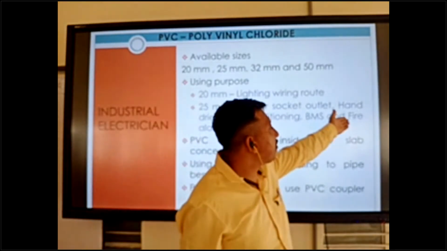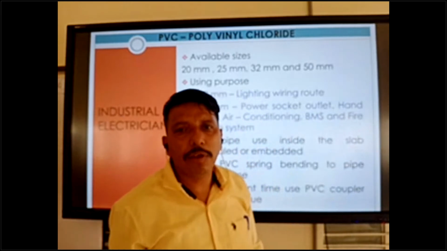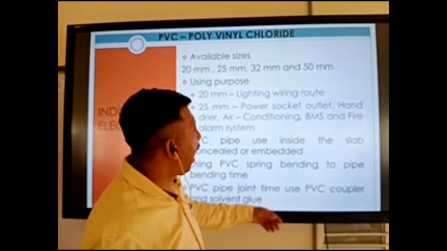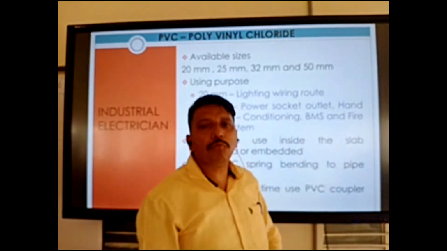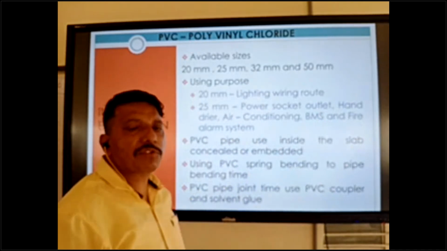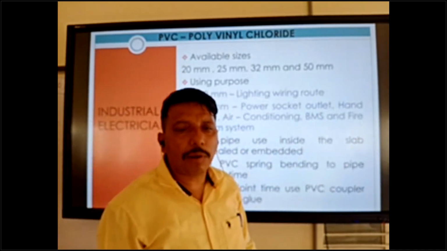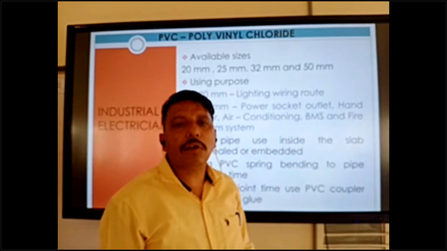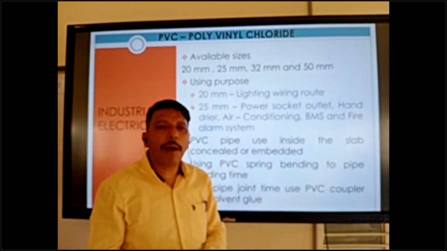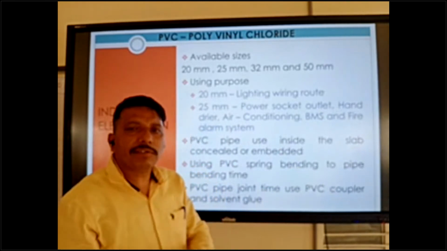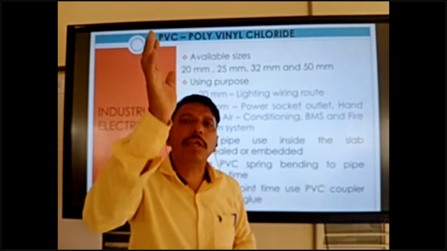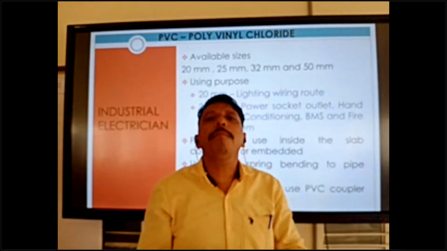Also some BMS, building management system, where some wire is coming, we can use 25 mm. And the fire alarm system, which has smoke detectors, heat detectors, manual call points, sounders. These are all fire alarm devices, and for installing these fittings we can use 25 mm conduit.